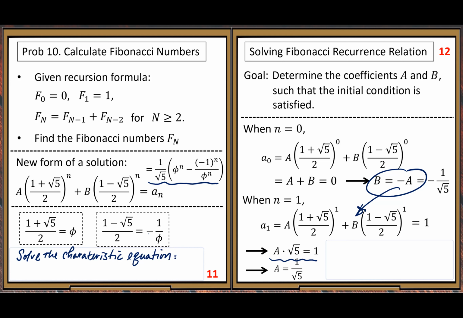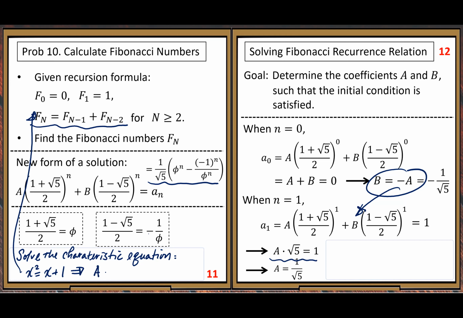For the given recurrence relation, you can use x. Now, you do not have to use t. The characteristic equation is x squared equals x plus 1. When you start, you solve this equation. So you have two solutions.